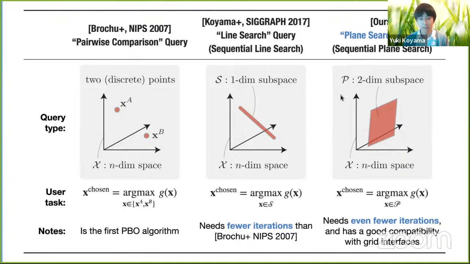In this work, as shown on the right in this slide, we let evaluators explore a two-dimensional subspace. Because a 2D search query can provide much more information than a 1D search query, this makes the number of necessary iterations even smaller. An additional benefit is that this 2D search query has good compatibility with the grid interface.